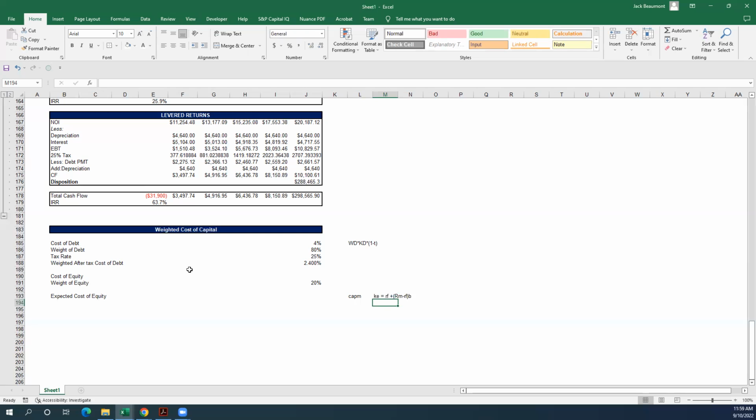So if Tesla, I think it has a beta of about 2 right now, that means for any one unit, let's say if the market moved by $1, Tesla would move by $2, because it's got 2 times the beta of the market. So if it went up $1, Tesla is going to most likely go up $2. If it went down $1, Tesla is going to go down $2.